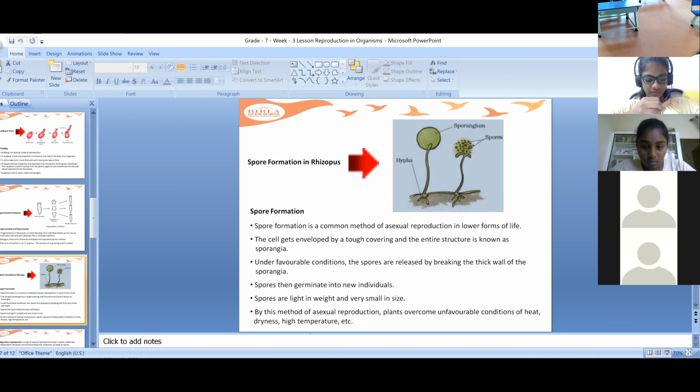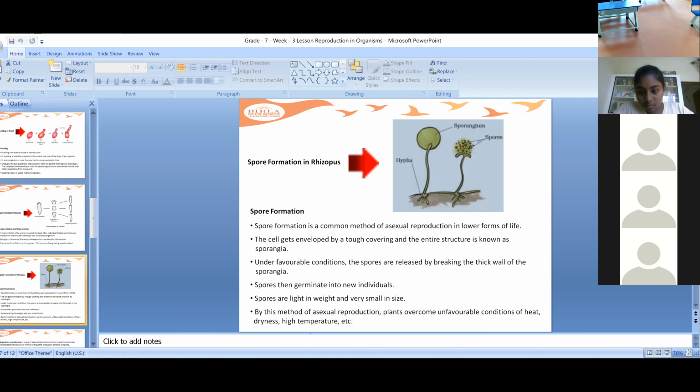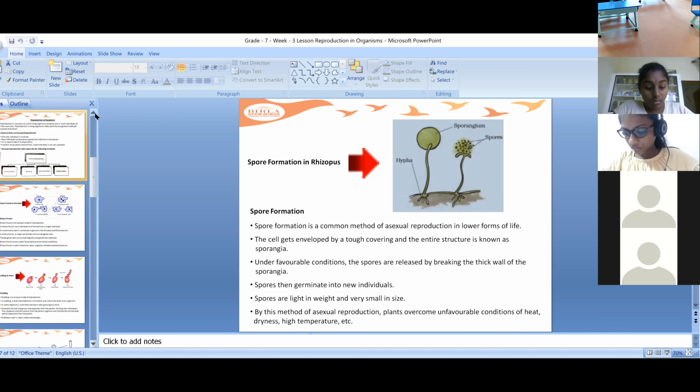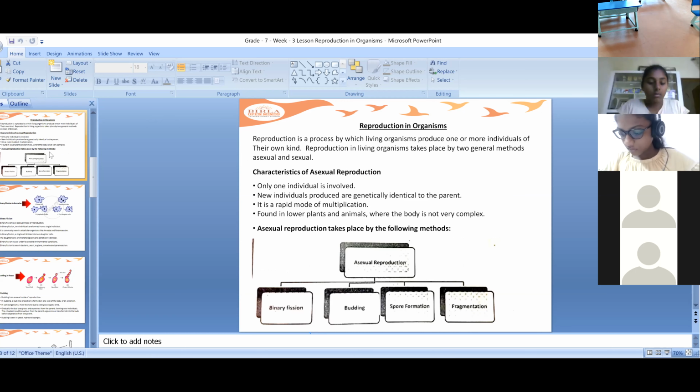But these are very small. Ma'am, there are lots of these flowers near my home. Okay, but we cannot see this rhizopus. It's not a plant. No, ma'am, it's like an insect. The adults say that they are insects. Okay, I don't remember.